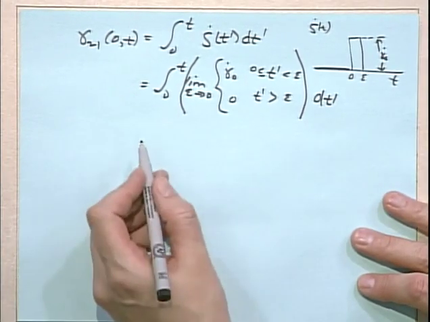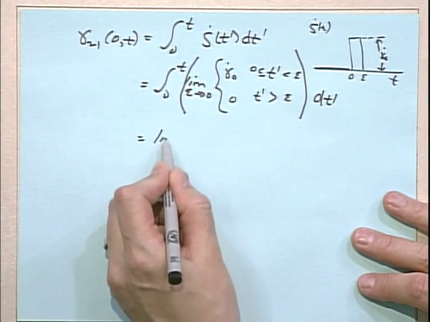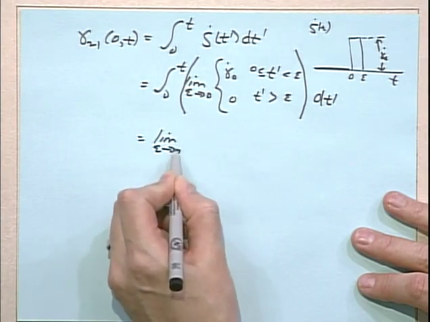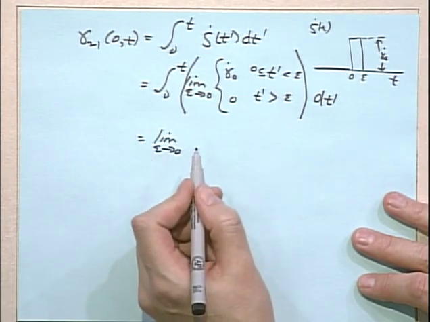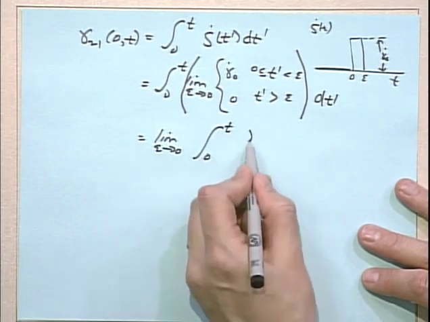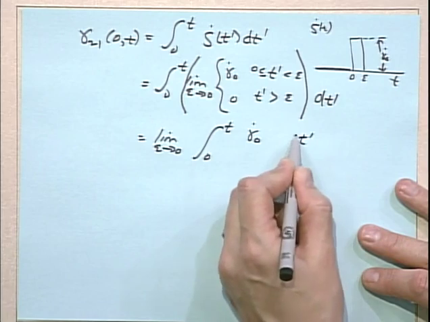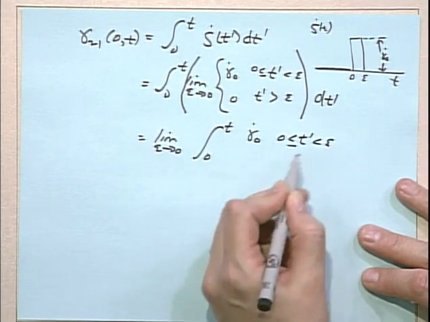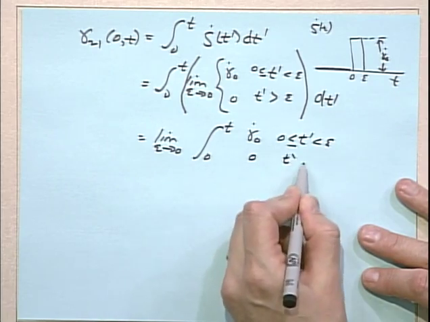So I can take this limit to the outside and take the limit later. I have the integral from 0 to t of gamma dot naught for t prime between 0 and epsilon, and then it becomes 0.